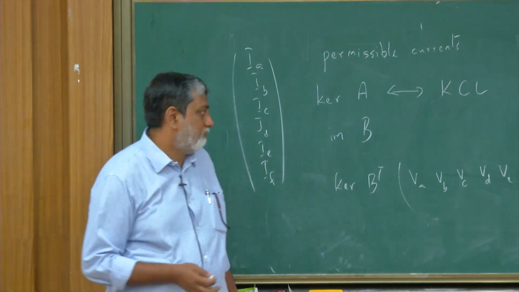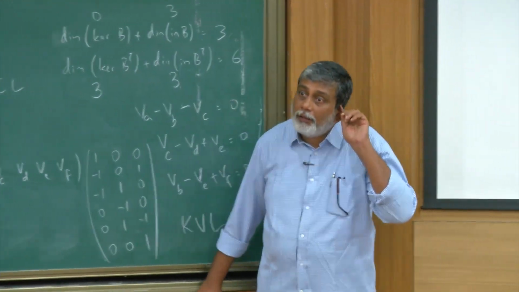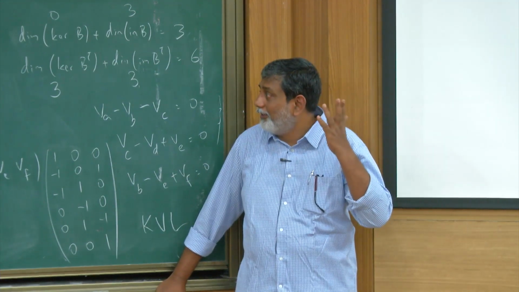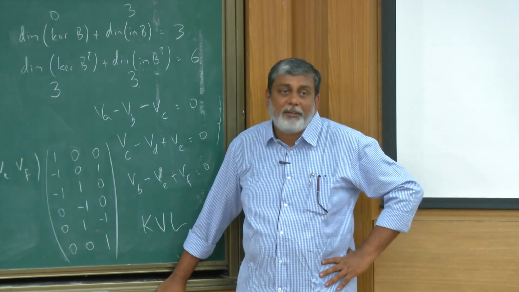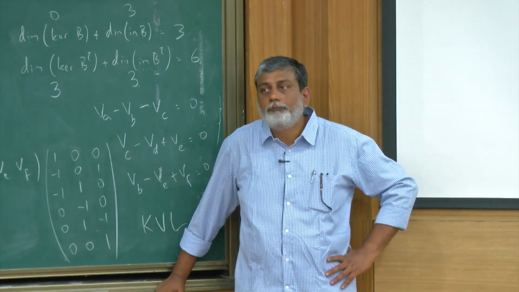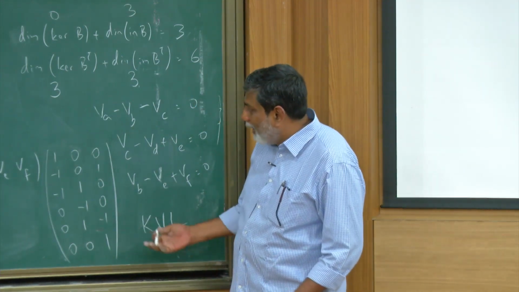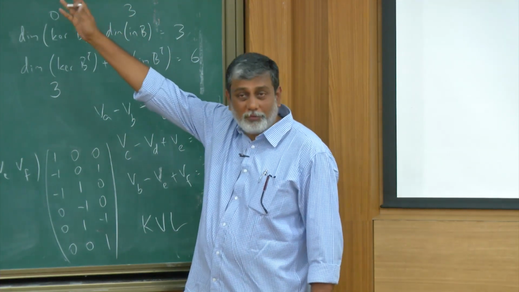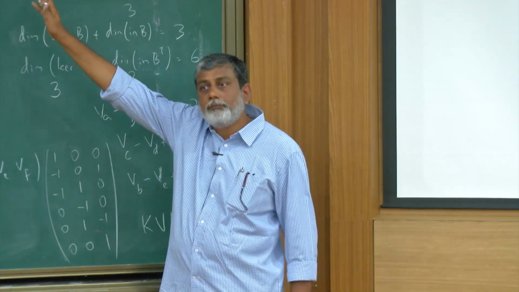So there are all kinds of interpretations that one can get, and it depends on essentially the kind of modeling that one does. Now, as it turns out, the A matrix was not full rank, as in not full row rank.